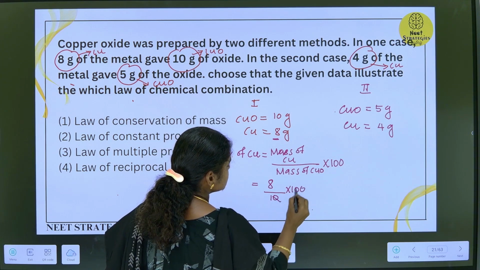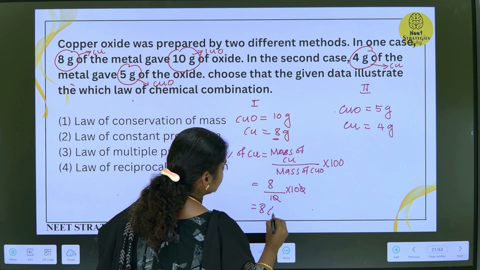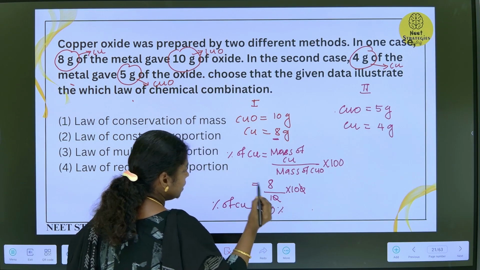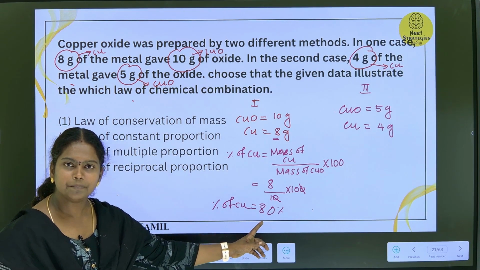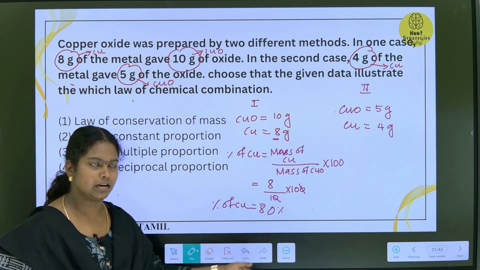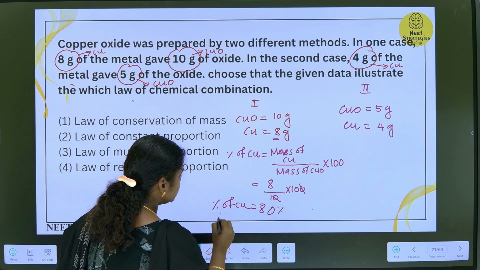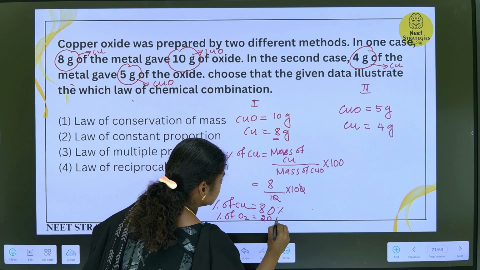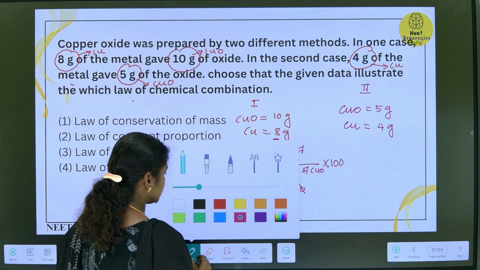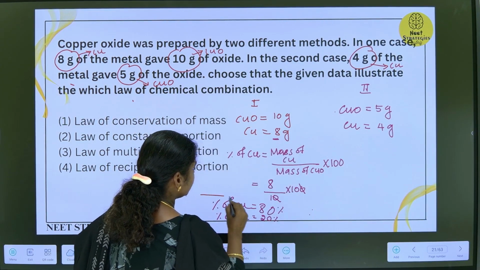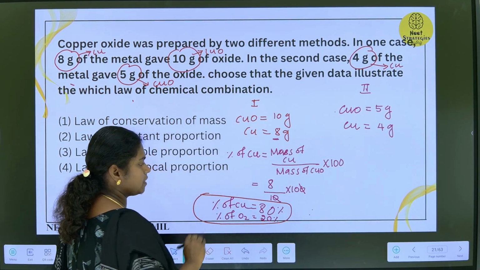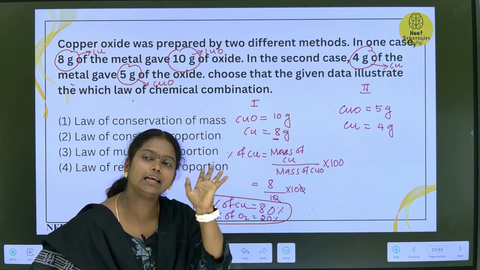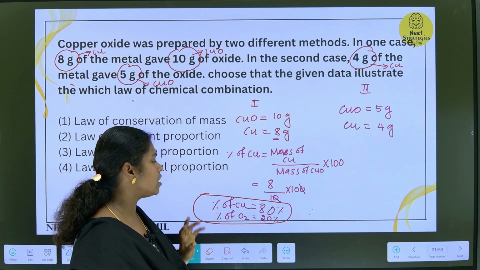Cancelling, it becomes 80%. So the percentage of copper is 80, and the percentage of oxygen is 20. This is data from the first experiment. If the same data comes in the second experiment, then it definitely follows the law of constant composition, the law of constant proportion.